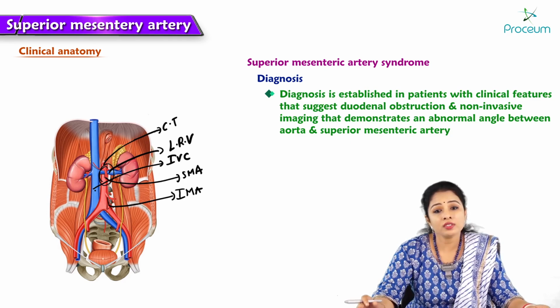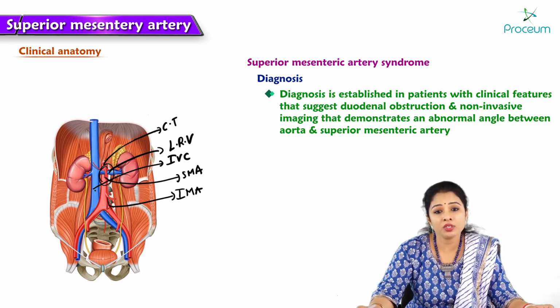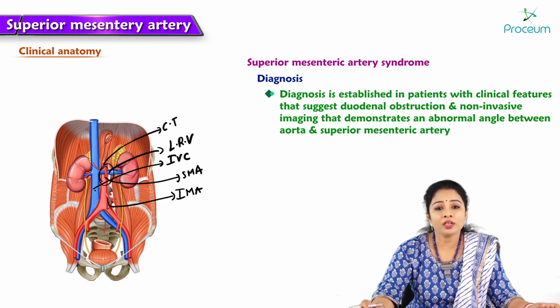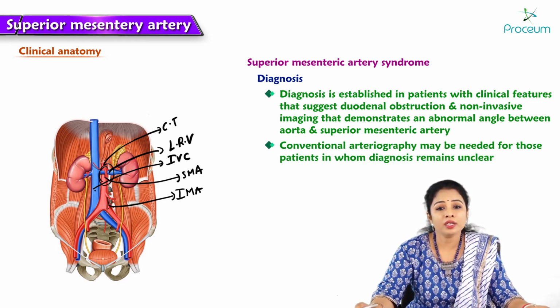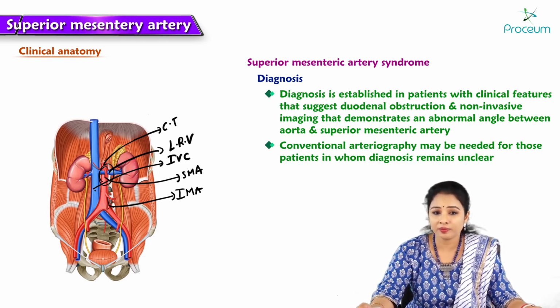The diagnosis is established in patients with clinical features that suggest duodenal obstruction or non-invasive imaging that demonstrates an abnormal angle between the aorta and the superior mesenteric artery. Conventional arteriography may be needed for those patients in whom the diagnosis remains unclear.